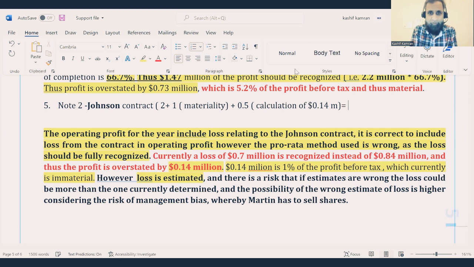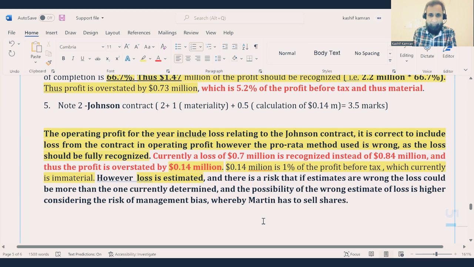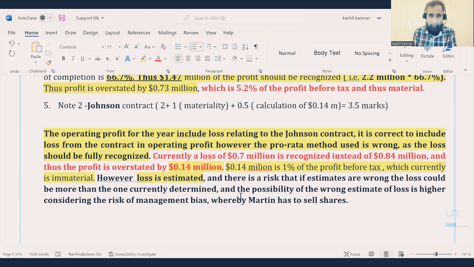So my marking scheme is going up to 3.5 marks. Yes, I totally agree with your answer, Osama Ali. Yes, currently the loss is immaterial, but it can become material with other misstatements.